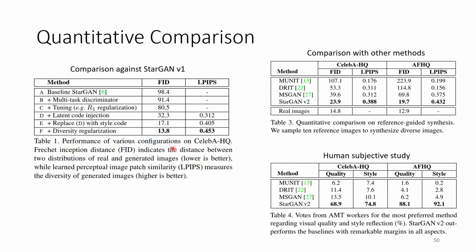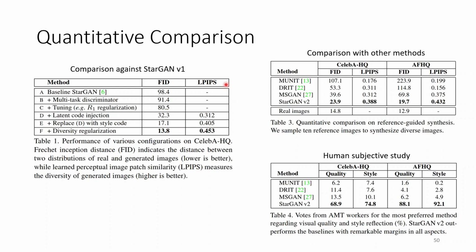And LPIPS is a metric to measure the difference between two patches. It's only for patches, and StarGAN V2 extends it to measure the difference between generated images. So what does it mean? A GAN can generate a lot of images, and if all of them are the same, it will not be a good GAN.